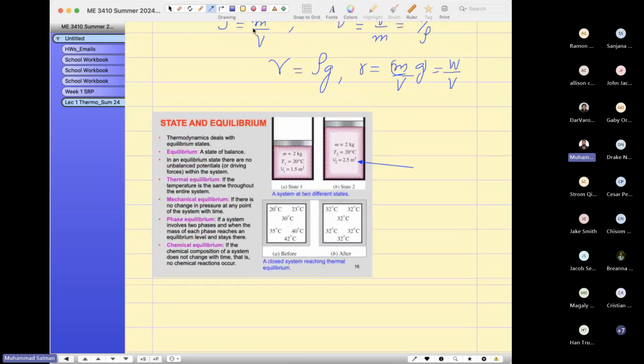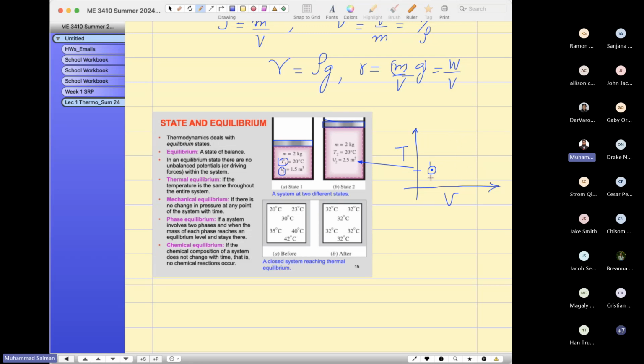And in this case, it's the same thing happening. Now over here, this is the lid. Now the lid has been moved, but how it has been moved we don't know right now. But what it is saying here is that a state can be defined by two independent properties: temperature and volume. So if I draw a plot, temperature versus volume, this is state one.